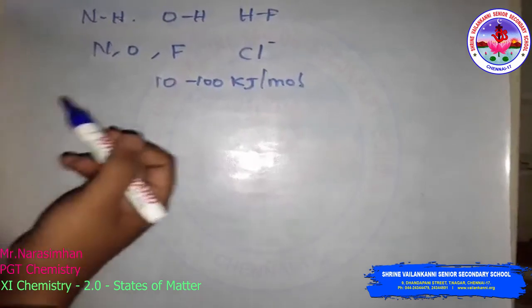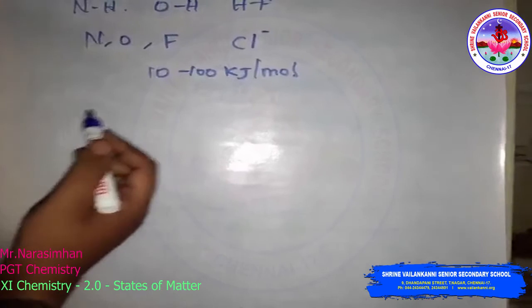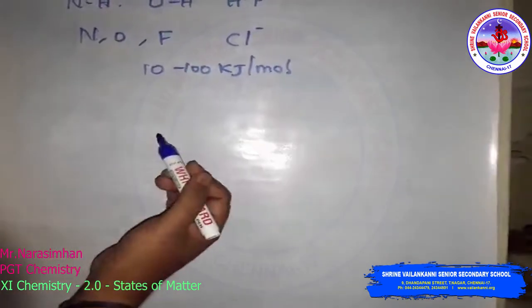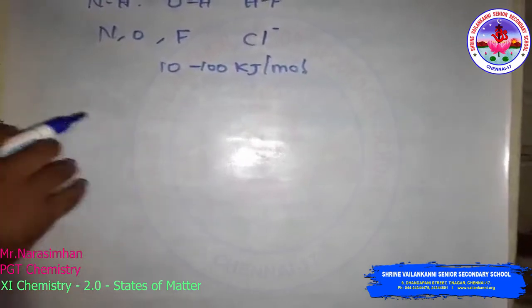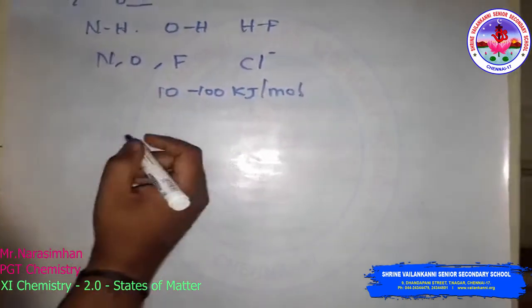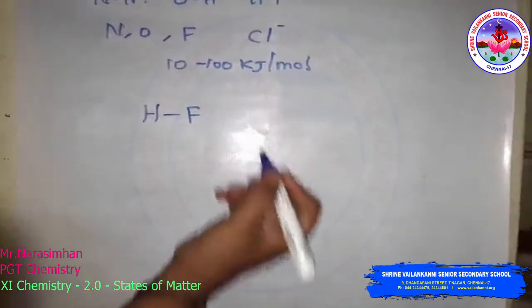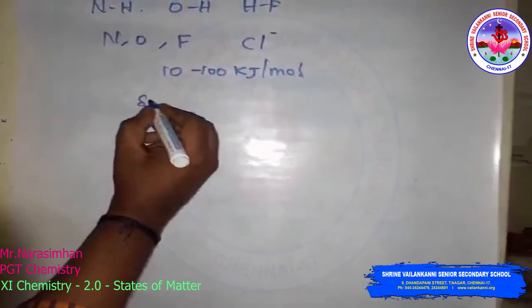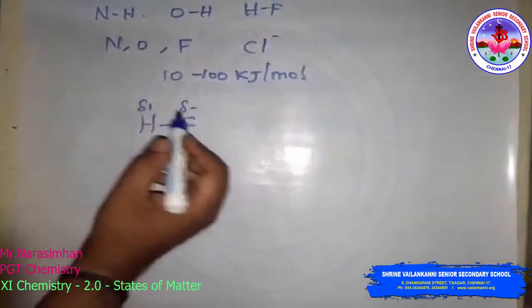For example, proteins and nucleic acids. The strength of the hydrogen bond is determined by the Coulombic interaction between the lone pairs of electrons, the electronegativity of an atom of one molecule, and the hydrogen atom of the other molecule. You can see here, for example, an HF molecule having a partial positive and partial negative, so delta plus and delta minus.